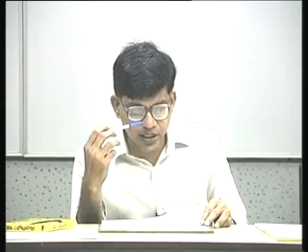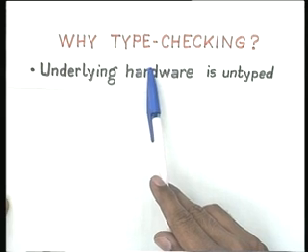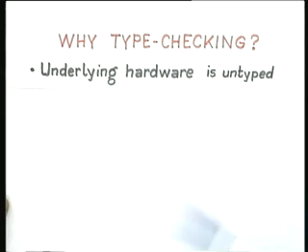Type checking actually is a much more general term. For example, array bounds checking in programming languages is also a part of type checking, because the index set for the array is a subrange type, and therefore you have to do type checking there.